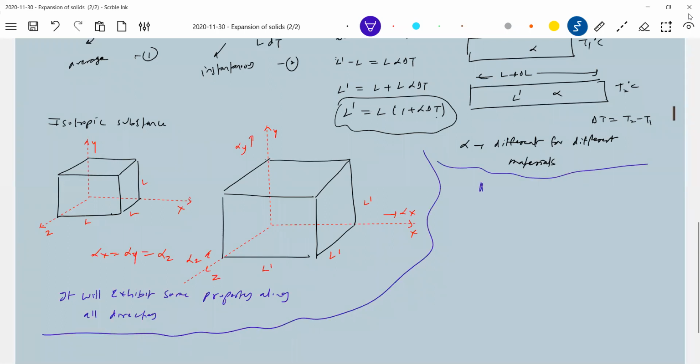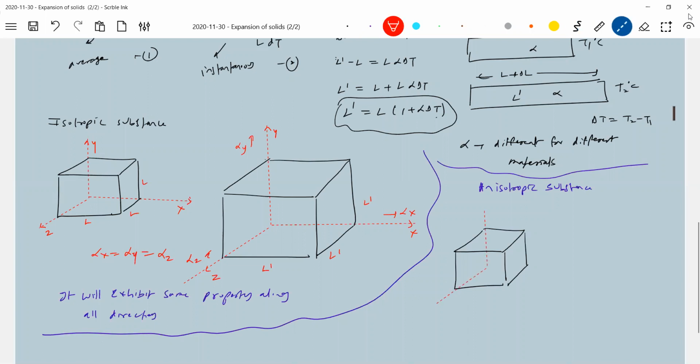Anisotropic substance. So what do you mean by anisotropic? Where alpha x not equal to alpha y not equal to alpha z. So if I have a cube, this is the length. Let's take this one. So this is the x-axis, y-axis, z-axis. I think no longer it will be a cube.